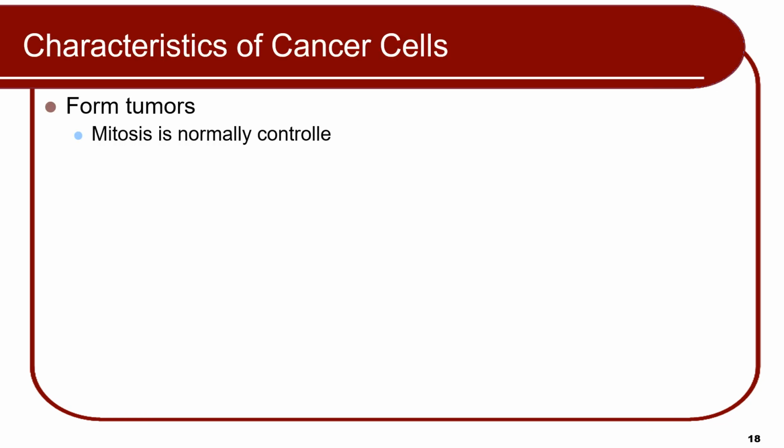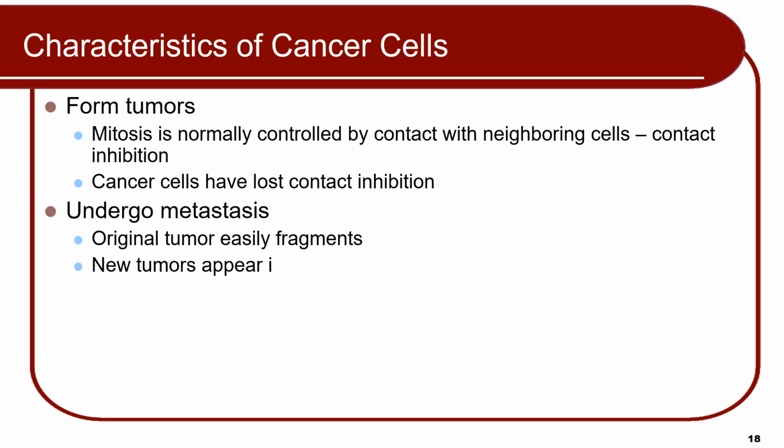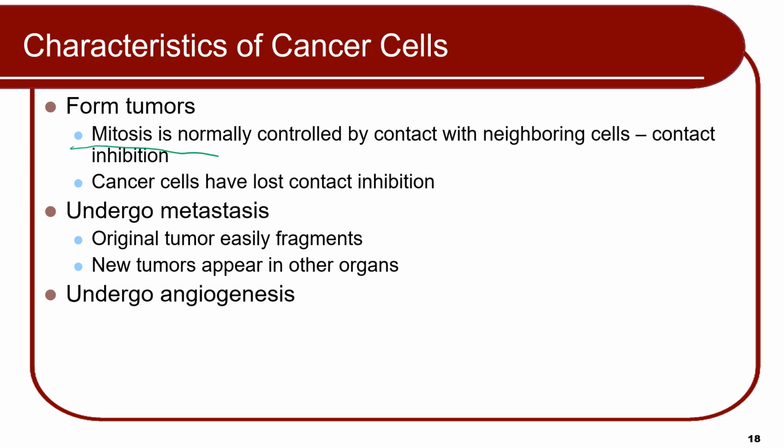So cancer cells are different than normal cells. And one is that mitosis is uncontrolled. And one of the differences is that the cells lack something called contact inhibition.